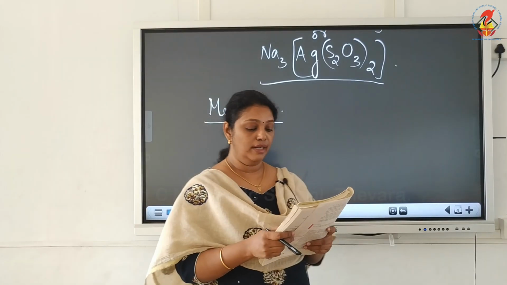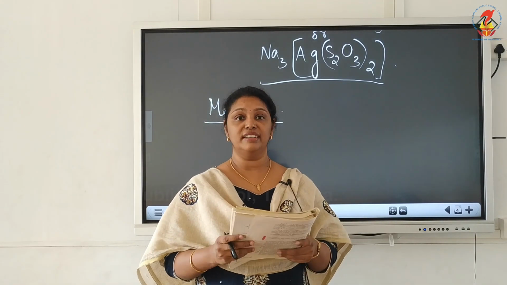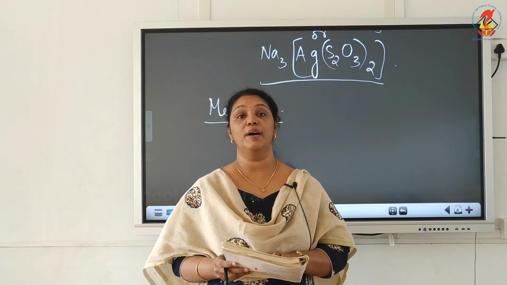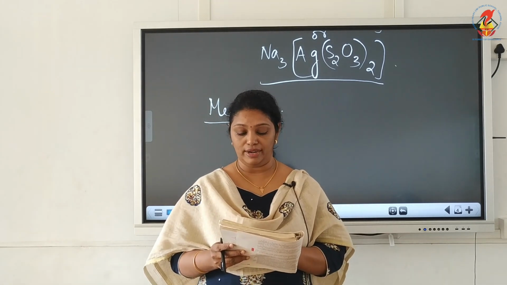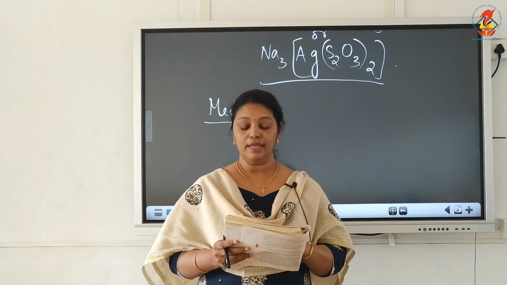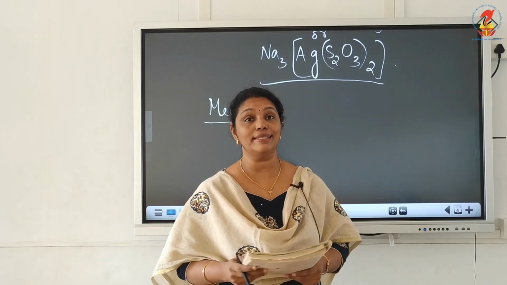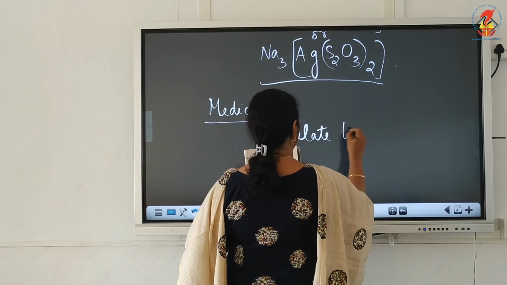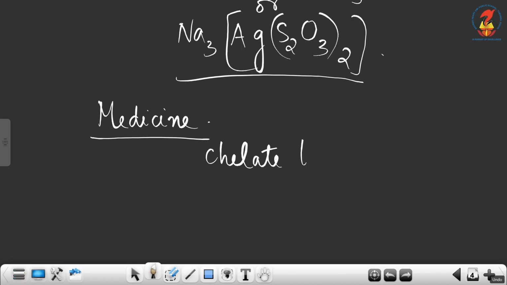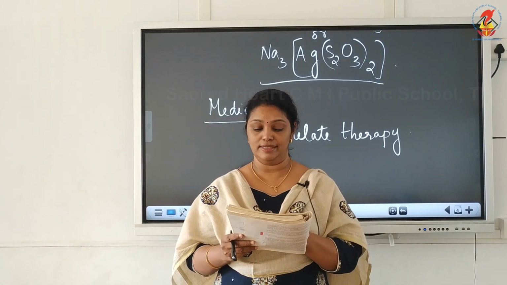Problems caused by the presence of metals in toxic proportion in plant or animal systems can be treated by using chelate therapy. Chelate therapy is used in the treatment of such problems.